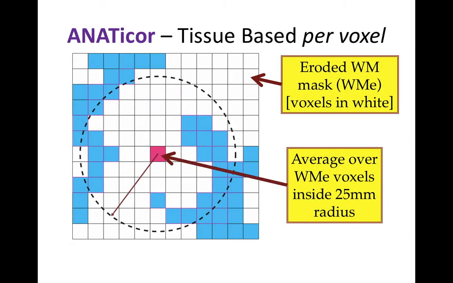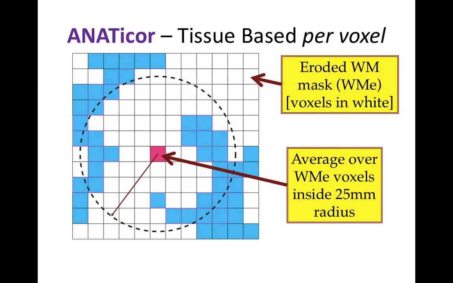So this is a cartoon diagram of a brain segment. The squares in white are supposed to be white matter, and we actually mean by white matter here the eroded white matter, so that we take the white matter mask of voxels and erode it one voxel away from the gray matter so that we're not including any gray matter signals.